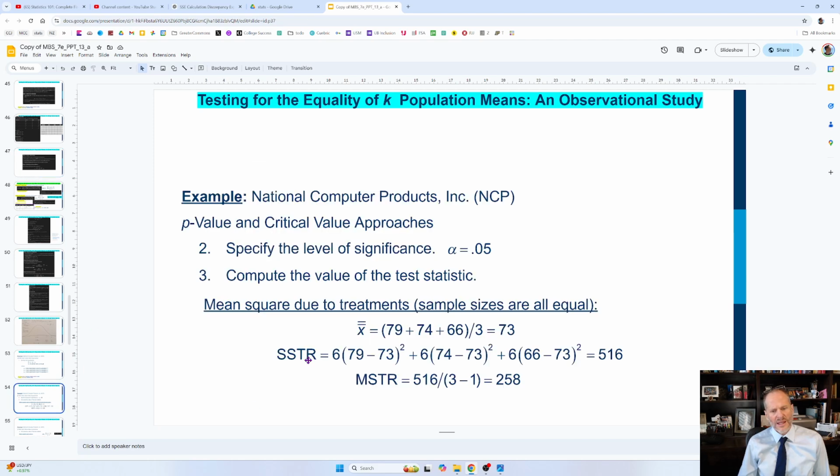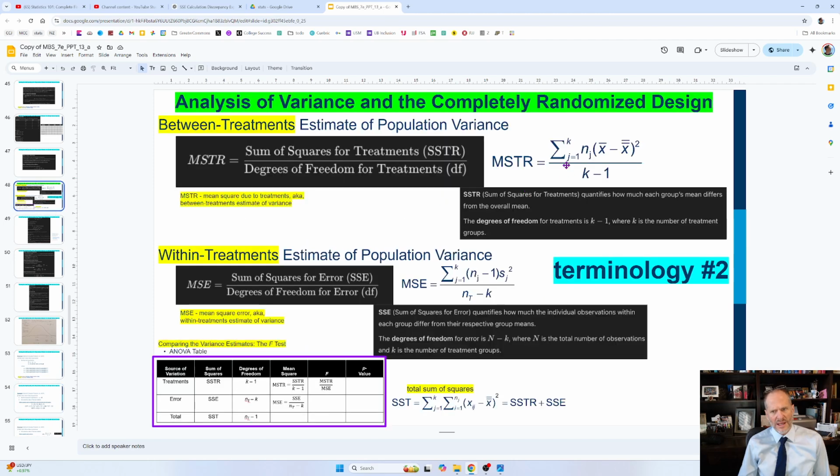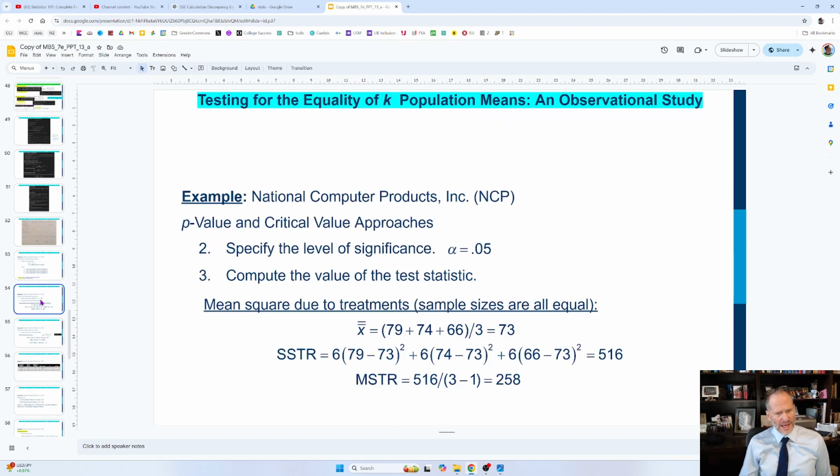And then SSTR, our formula for SSTR, so let's go get that formula. Here's MSTR, and the numerator is the SSTR. So we have here our MSTR, and that's how we do the SSTR. It's each mean minus the overall mean, you square it, and then you multiply it by the number of elements in each sample.